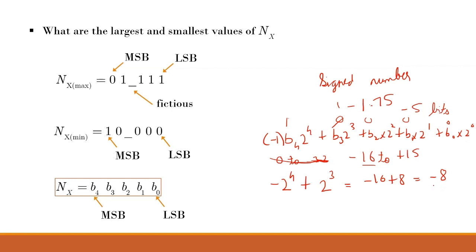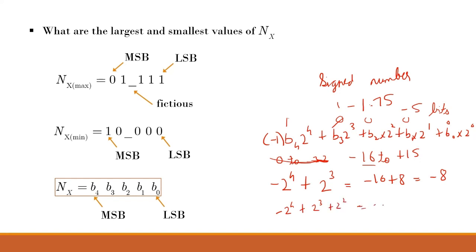Sir, if you take the first three bits, 1, 1, 1, it will be minus 2 to the power 4 plus 2 to the power 3 plus 2 to the power 2.